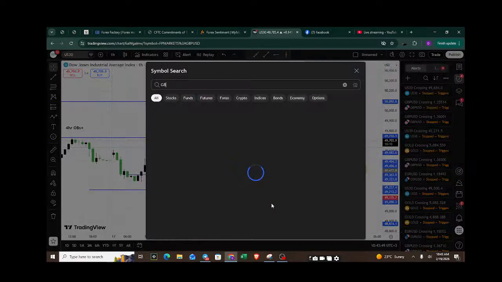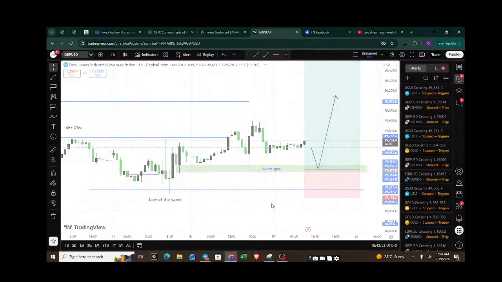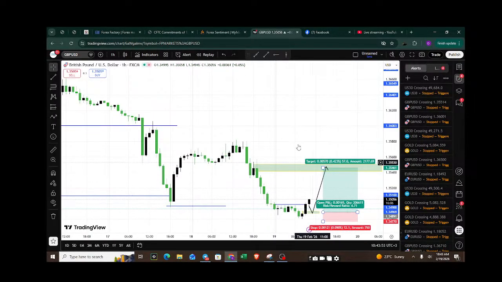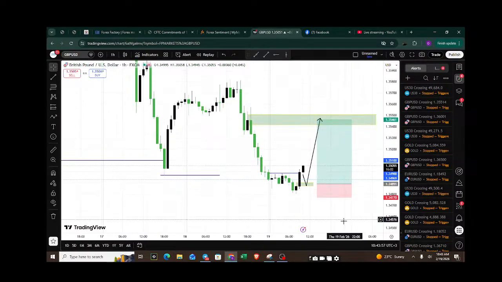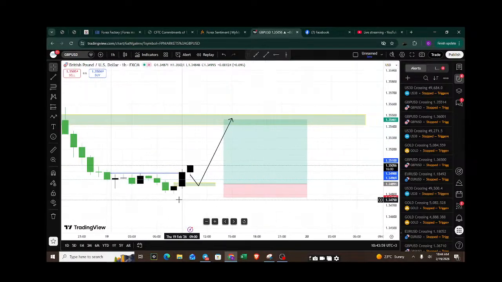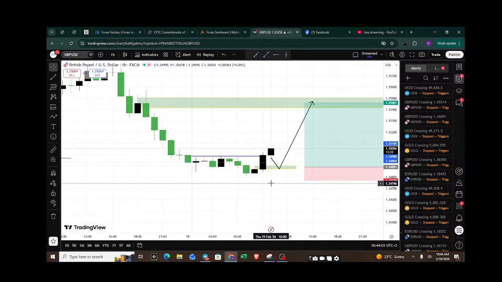Okay, so we had GBPUSD. Now I had two entries here. The first entry on GBPUSD was at the immediate current market level.